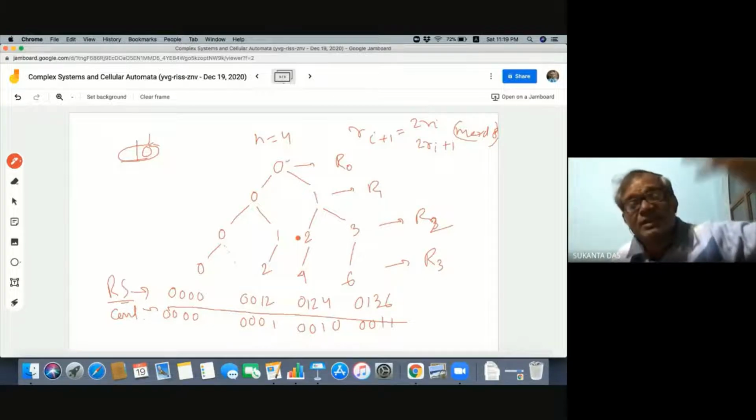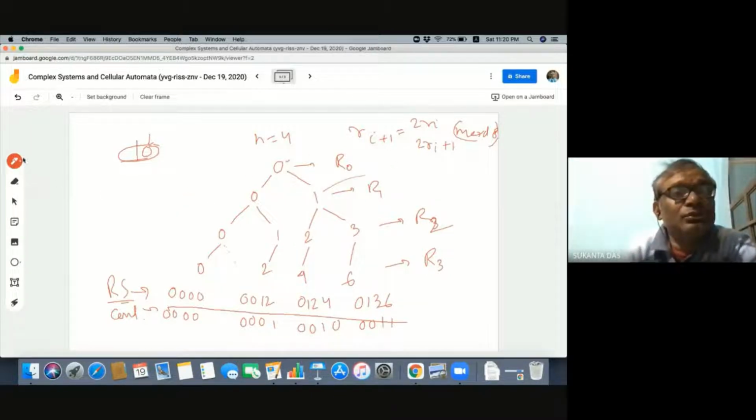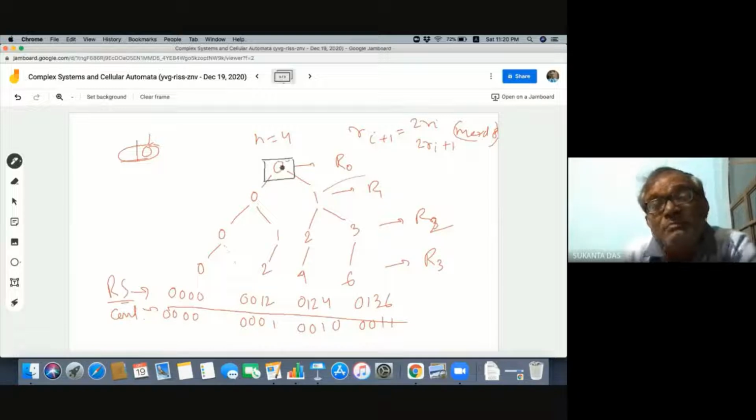While you are finding the RMT sequence from the configuration, you got one relation between Ri plus 1 and Ri that is used here. So obviously you get some configuration, right? So the RMT sequence you can get. You can notice one point here: in this particular case, I have started from RMT 0.